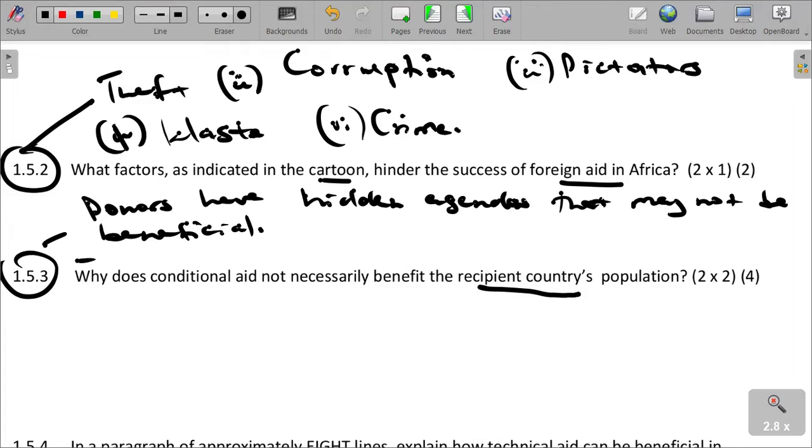Aid conditioned on specific outcomes may result in inequitable or unexpected contribution. We can say, two, long-term development goals and sustainable solutions can be neglected.